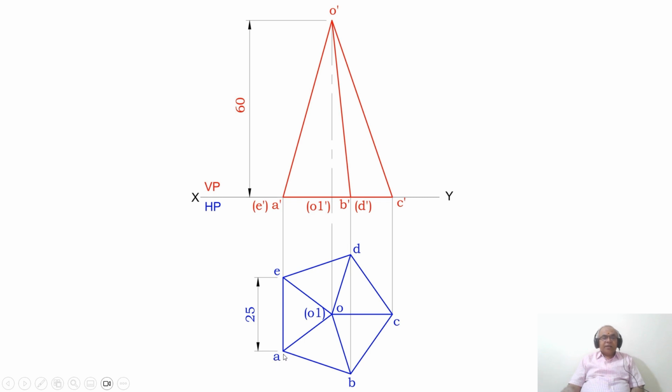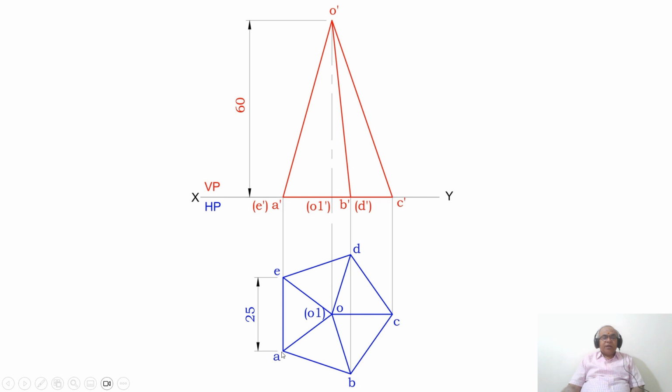Then, by using the protractor with reference to the center point A with respect to AE, you measure an angle of 108 degrees, which is the included angle of the pentagon, and draw an inclined line. Similarly, with E as center with respect to EA, you measure an angle of 108 degrees and draw this inclined line.